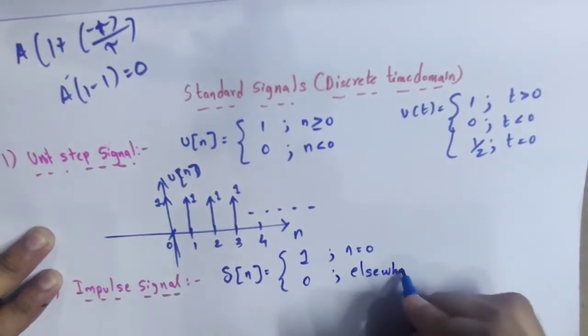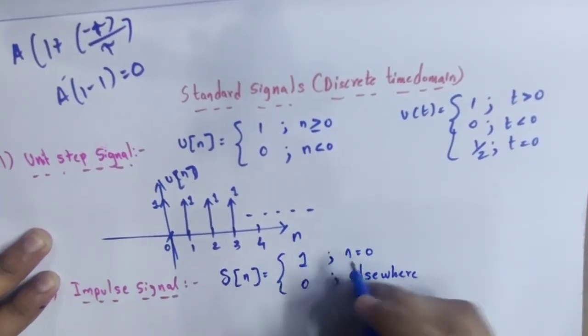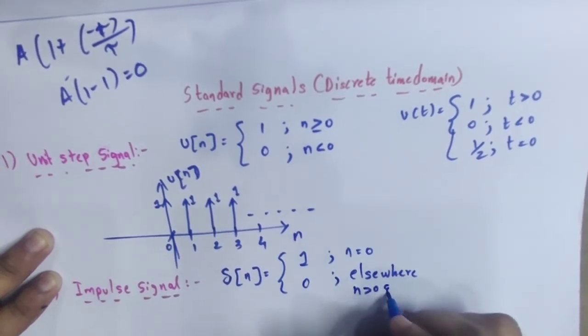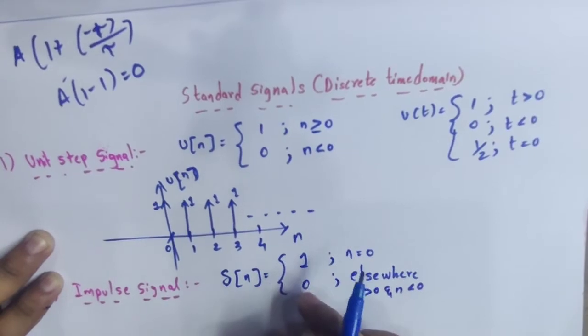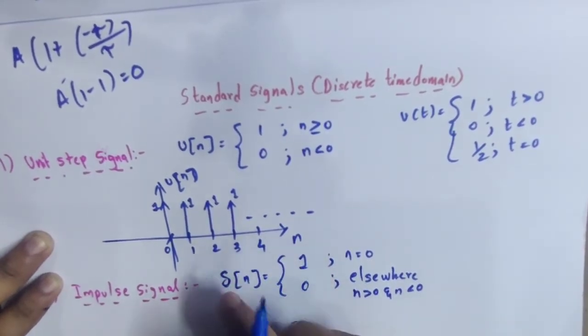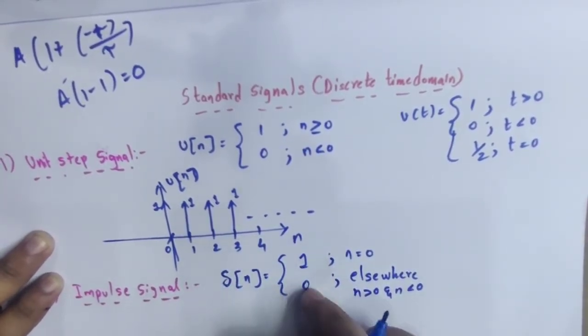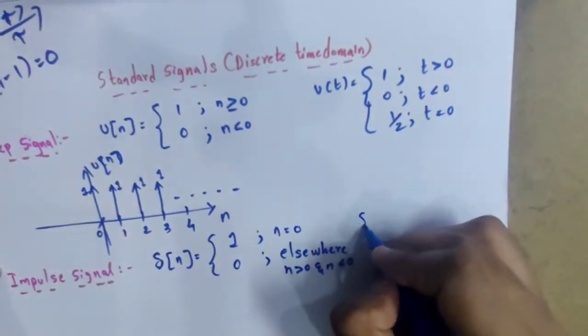What does elsewhere indicate here? Else n is not equal to 0, that means n greater than 0 and n less than 0. Everywhere else except at origin, the amplitude of this signal or sequence will be equal to 0.